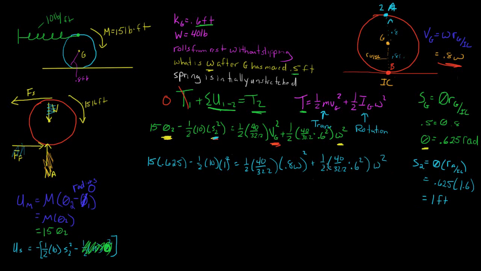And look at that. Right here, when we square both these terms, we're going to get an omega squared. So we're going to have this entire equation in terms of omega. And we can solve for omega, which is our angular velocity. And we're going to get that omega is equal to 2.65 radians per second. And this is our answer.